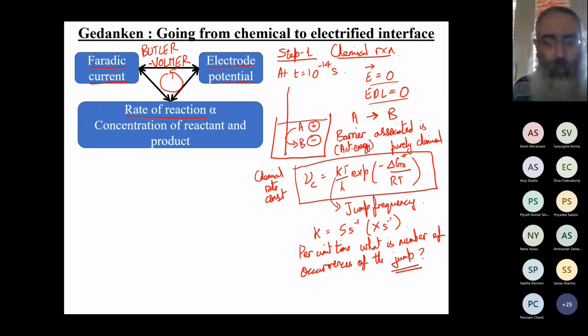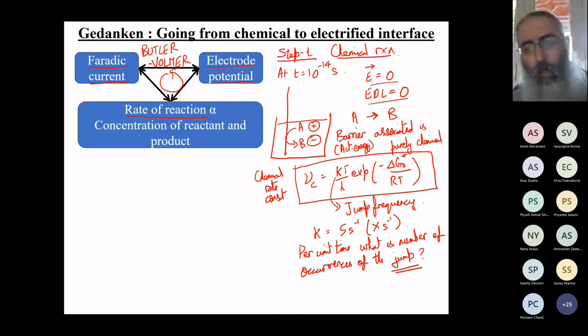Doesn't matter, depends on how we define the rate constant, whether it's the forward rate constant or the backward rate constant. But here we are talking about a general rate constant, so it could be either one, but just that in unit time the number of occurrences of that jump, one species jumping into the other, is 5, or in general words is x. So that is exactly what we call here as jump frequency.